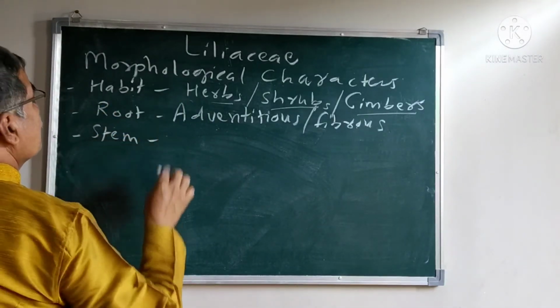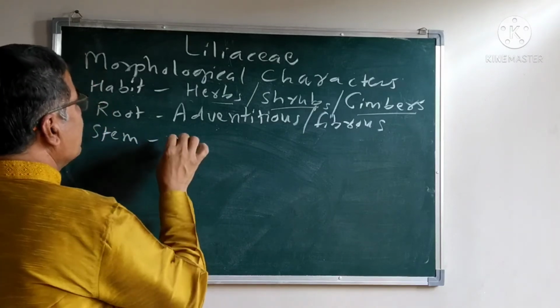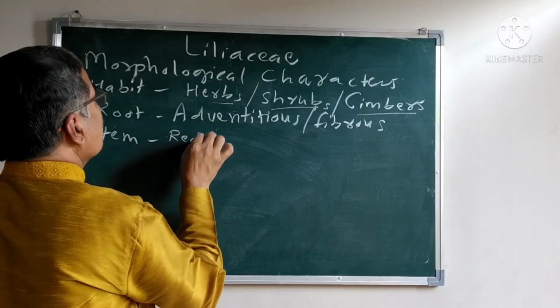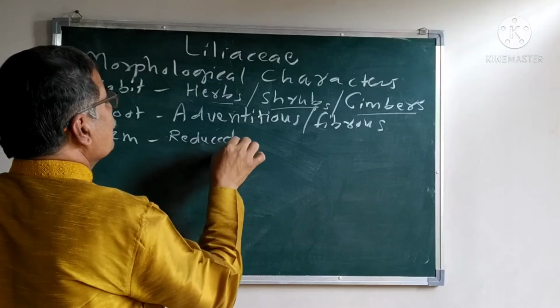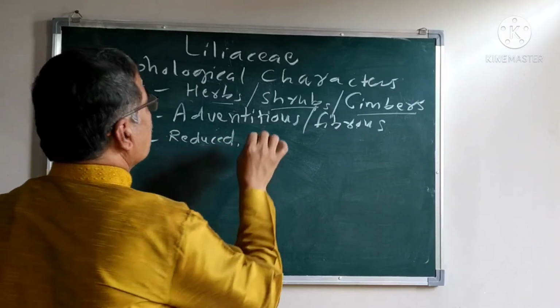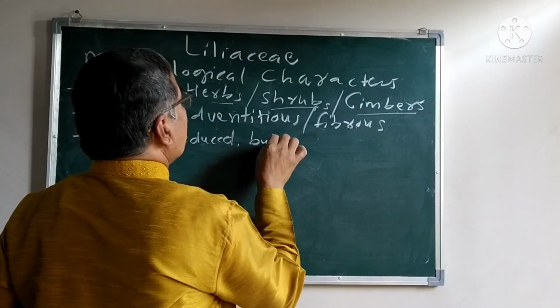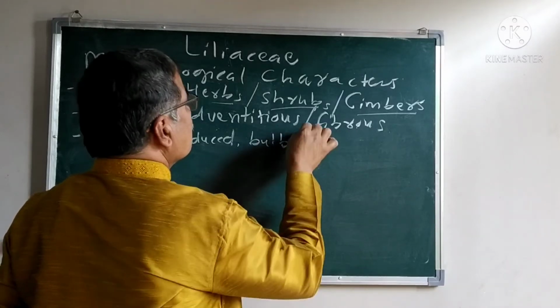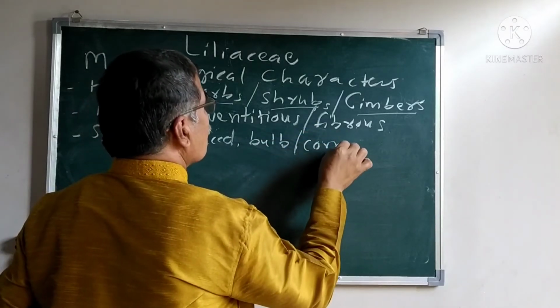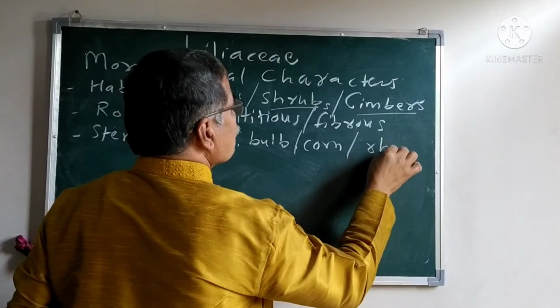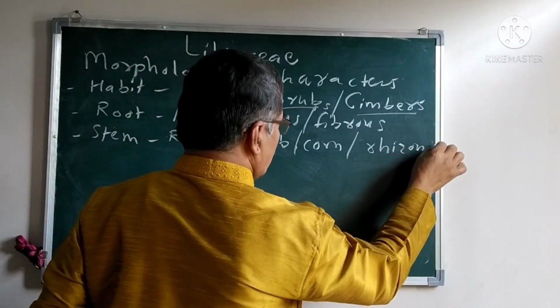Stem: the stem is very much reduced. It is in the form of a bulb. It is in the form of a corm, or it is also known as a rhizome.